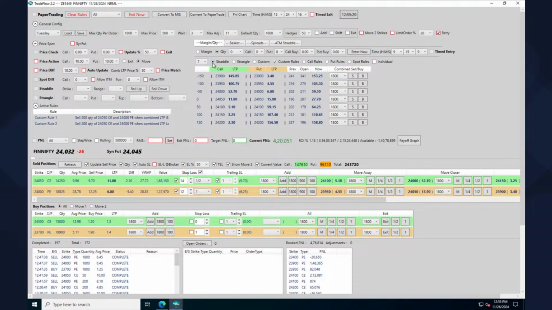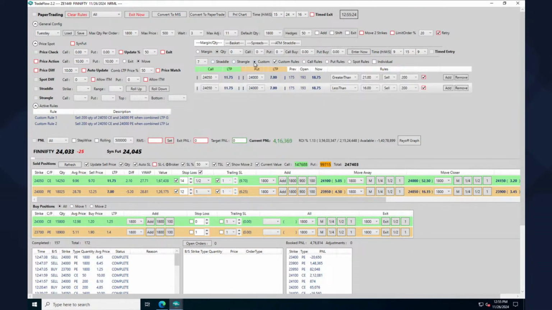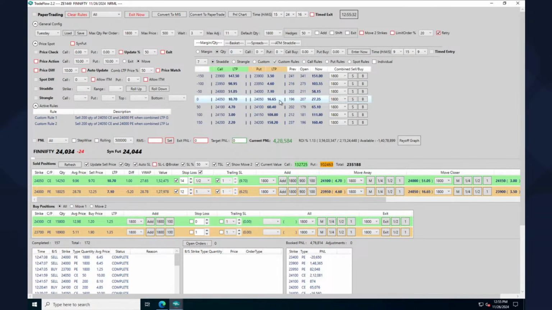The reason is it's because of the synthetic future, right? So it's basically Nifty is trading at 33, but the synthetic future is 44. That's the reason you would actually in the straddle see this 6 rupees difference. How do I explain? There is a 6 rupees difference from, let's say, 24050 that is actually factored here.